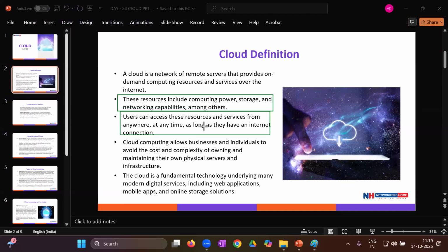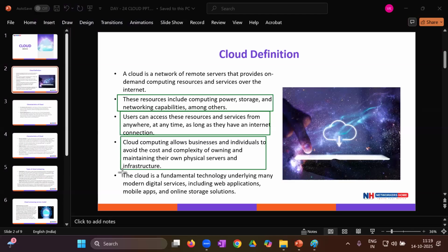Then cloud computing allows businesses and individuals to avoid the cost and complexity of owning and maintaining their own physical servers and infrastructure. Rather than deploying and maintaining their own physical servers, the work has been reduced. All this work has been given to a different company.